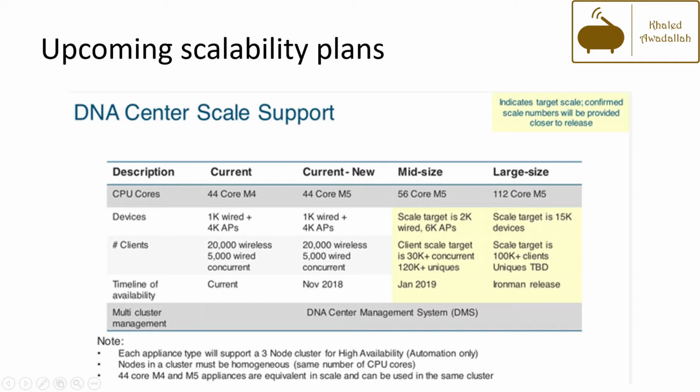Also, it's anticipated this month, according to a Cisco announcement, that another appliance will be published with more scale. It supports up to 30K users. And I believe by mid 2019, they will support a large size appliance that supports up to 100K users.